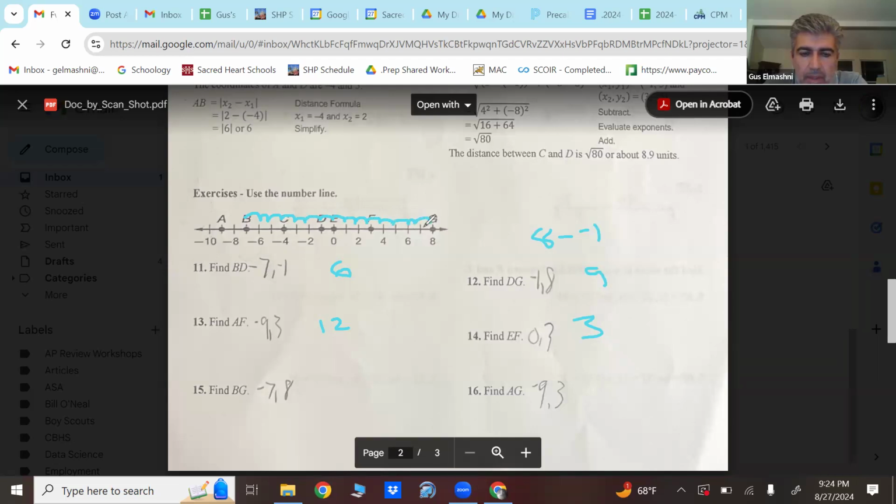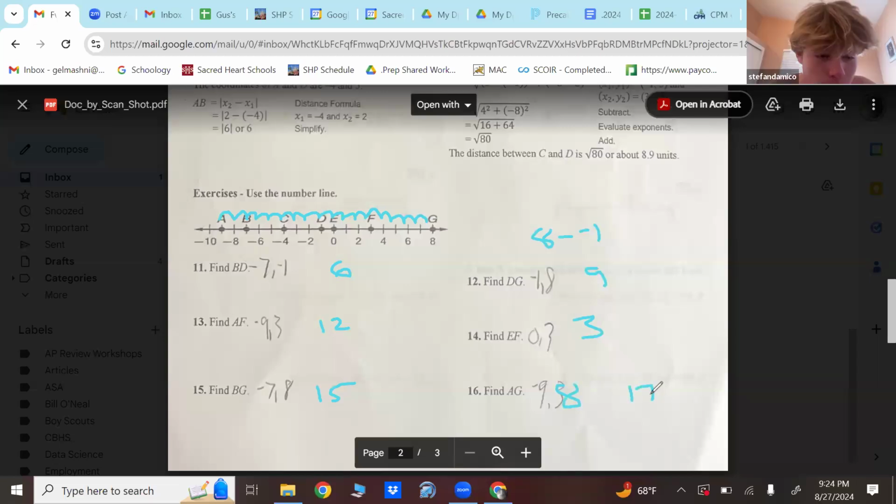Then EG: 1 through 15. So it's just that simple, counting, but also taking the difference. Then AG: 1 through 17. You're going from -9 to 8, so that's 17. So that's what's happening there for that one.